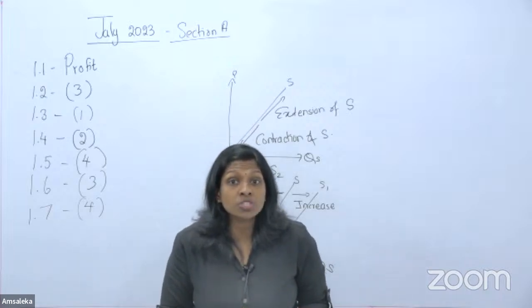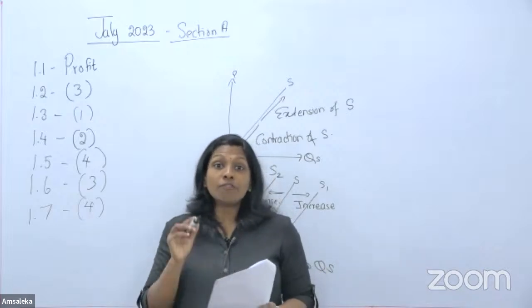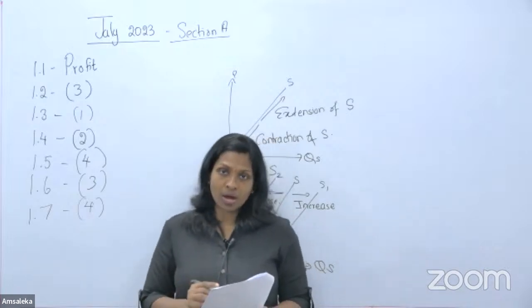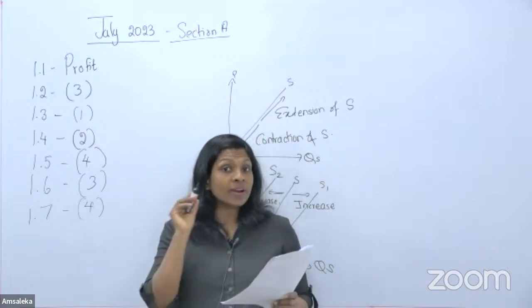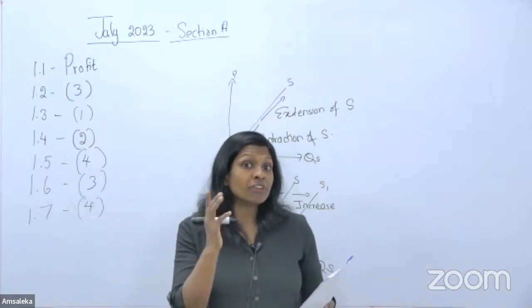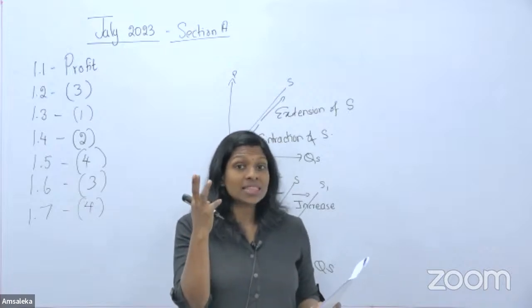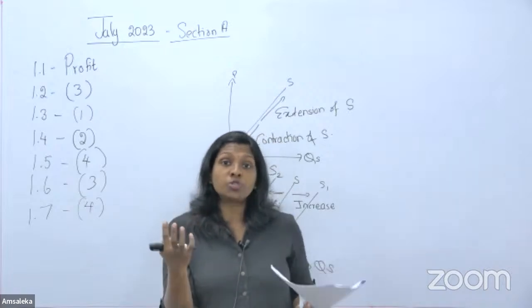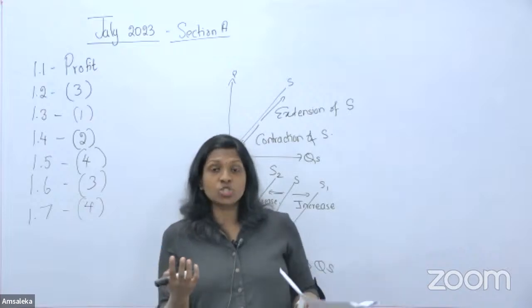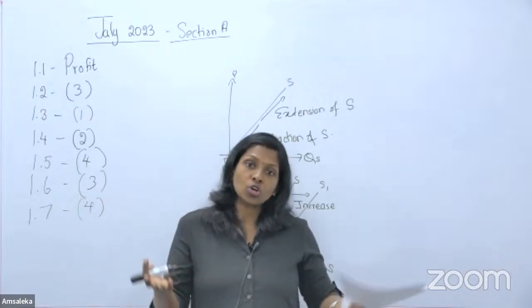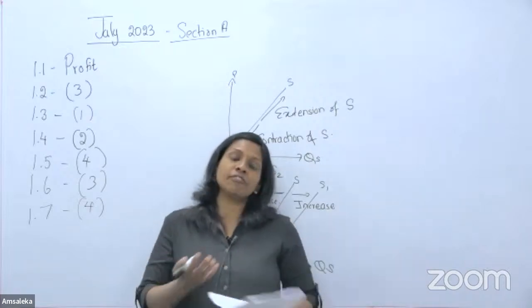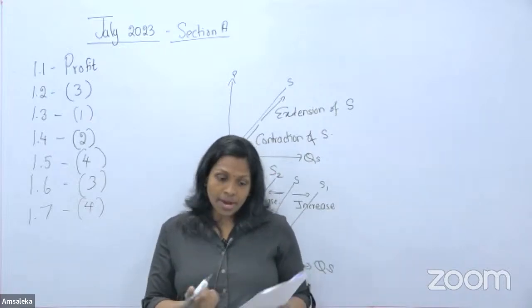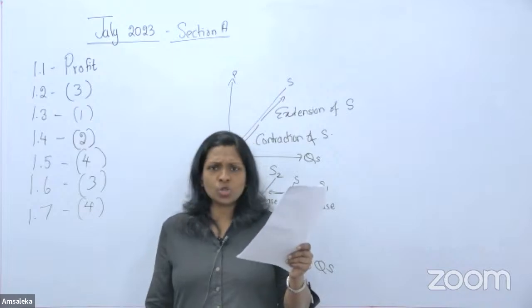But when it comes to the long run, a firm in the perfect competitive market earns only normal profit. But in the short run, there are 3 options: abnormal profit, normal profit, or loss. But loss is not about enjoying, we can say suffer.